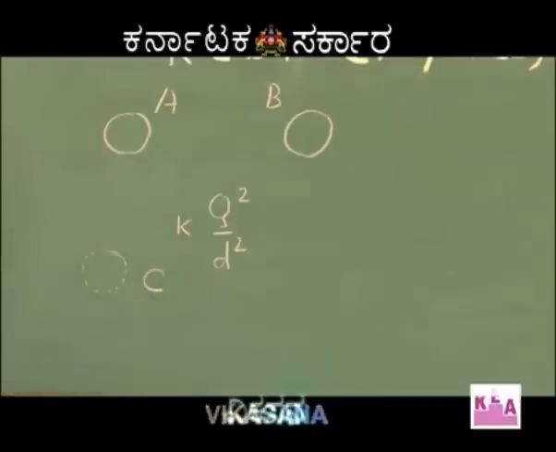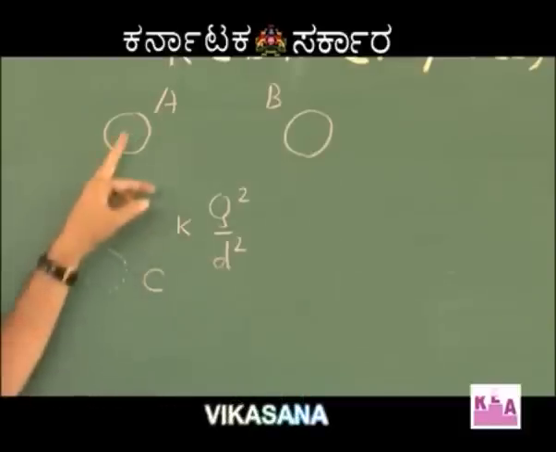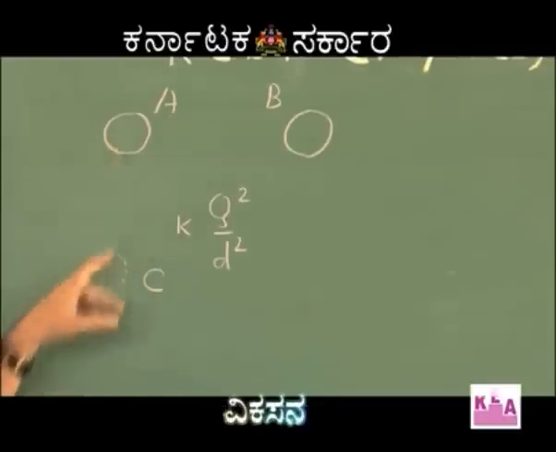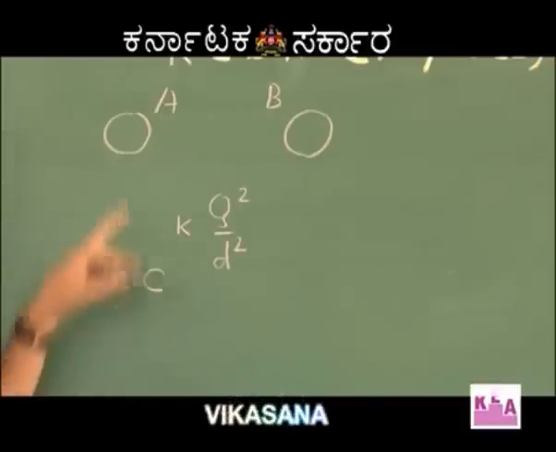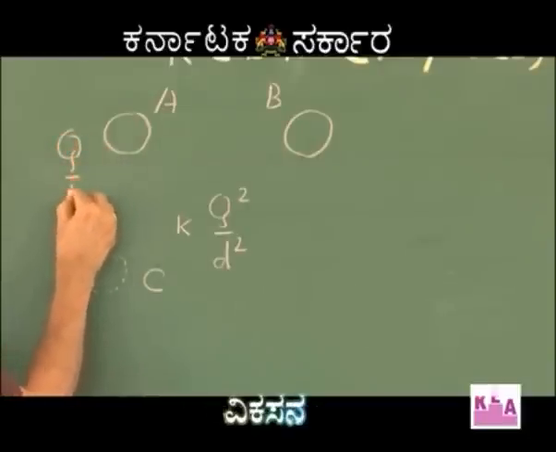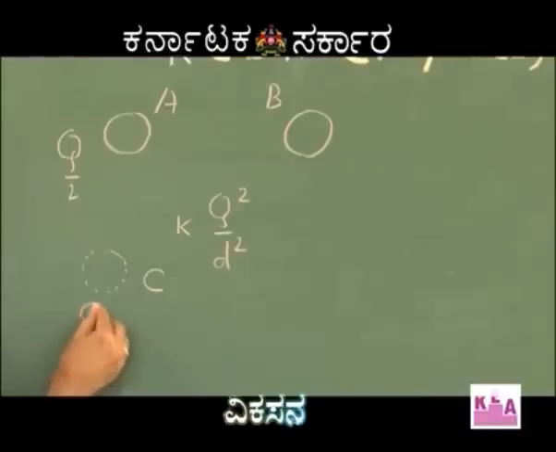Since the charges are only on A but not on C, and since the dimensions of the two spheres are the same, the charge on A and C will be the same only when they are equally divided. Hence, the charge on A will be Q by 2 and the charge on C will also be equal to Q by 2.